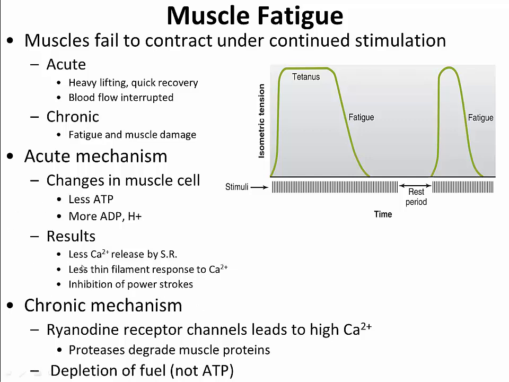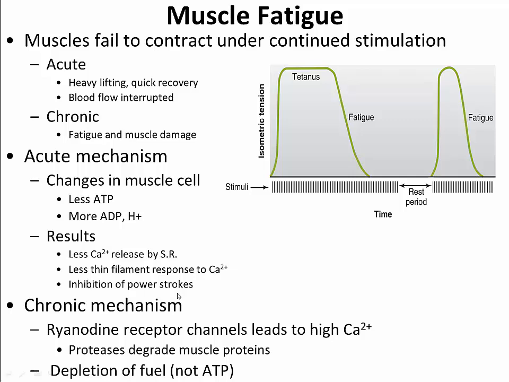One result of higher levels of ADP and higher levels of hydrogen ions in the cytoplasm is that we have less calcium released by the sarcoplasmic reticulum. Of course, less calcium released means less binding to troponin, less moving of tropomyosin, and less availability of the myosin binding heads on actin.